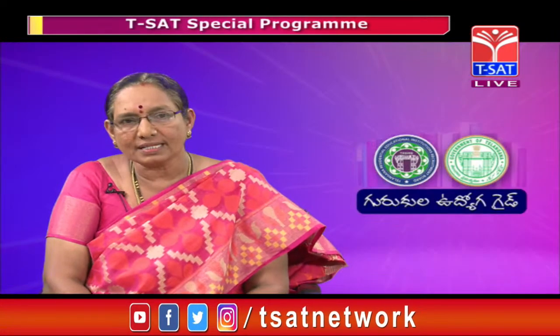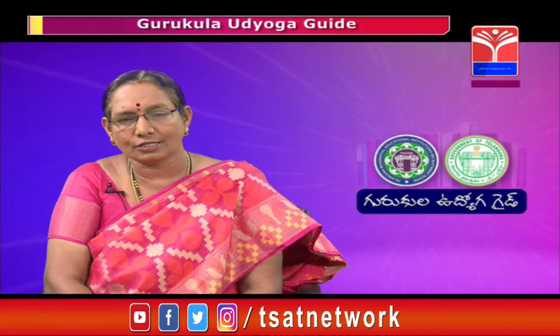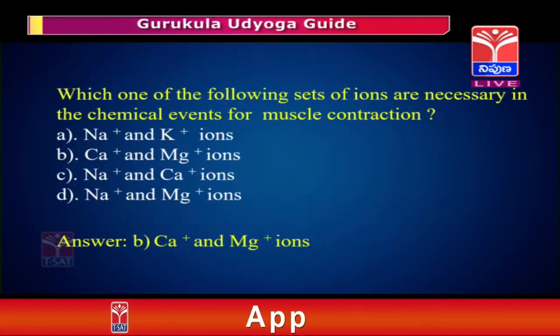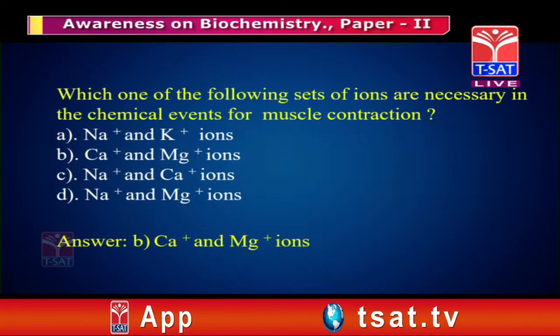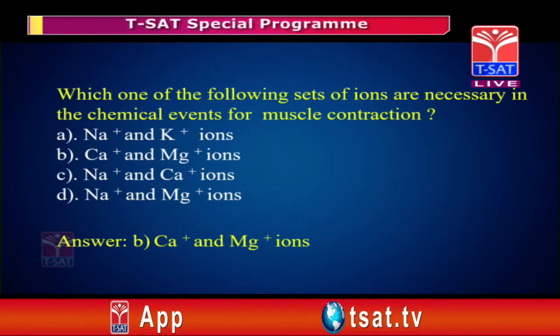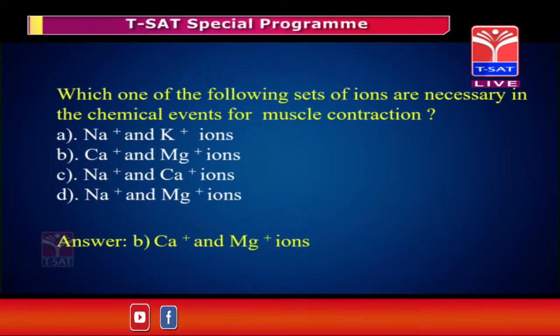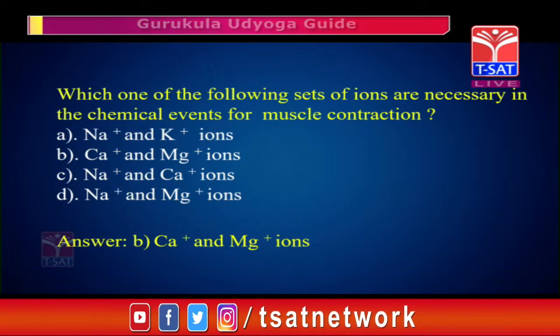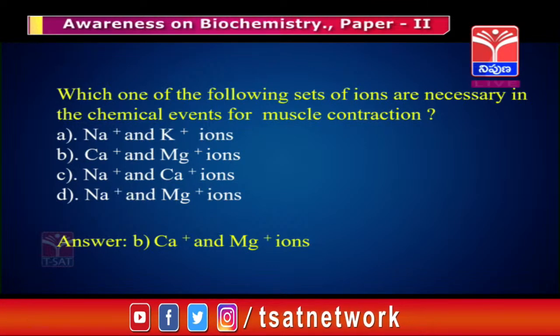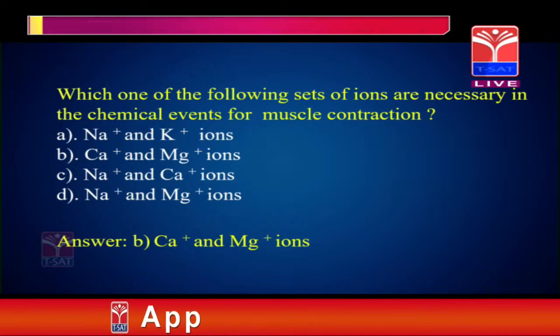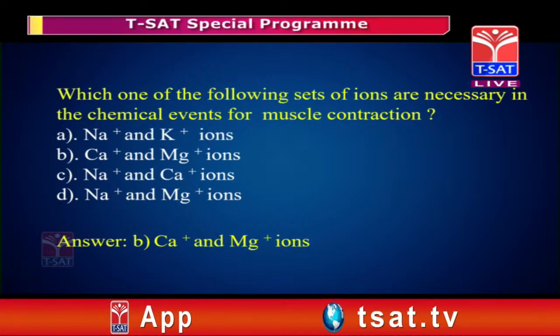Now moving on to another model question in this unit: which one of the following sets of ions is necessary in the chemical events of muscle contraction? If you have a thorough knowledge of the mechanism, you know which two ions are important. One combination they have given is sodium and potassium ions, which are electrolytes.